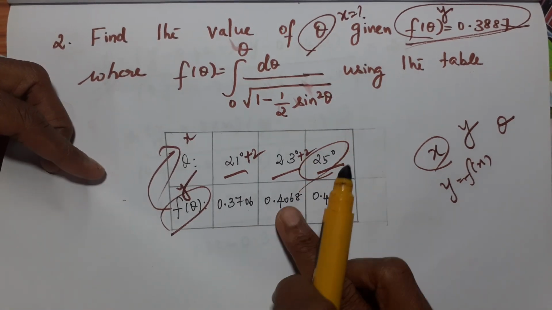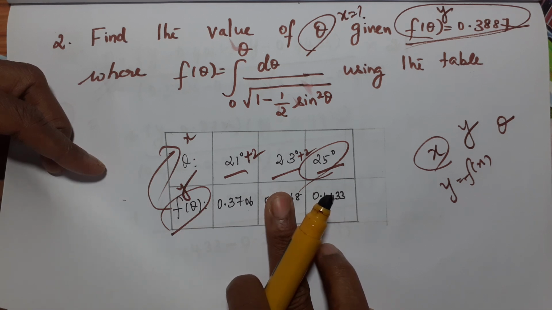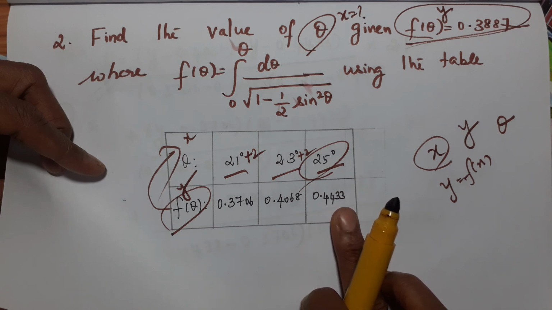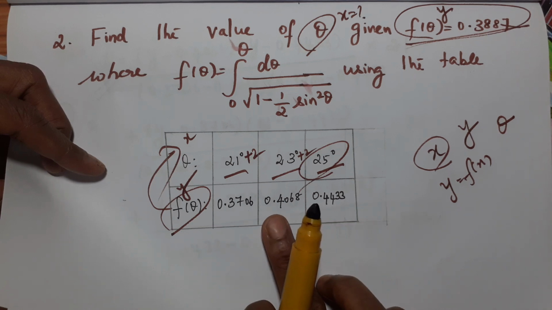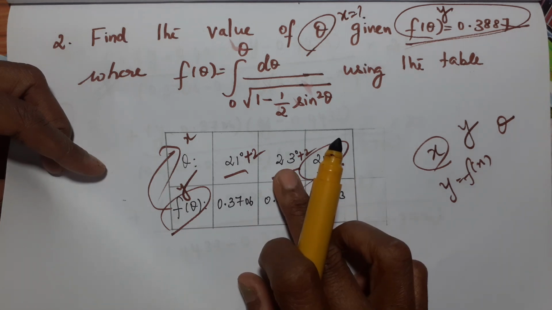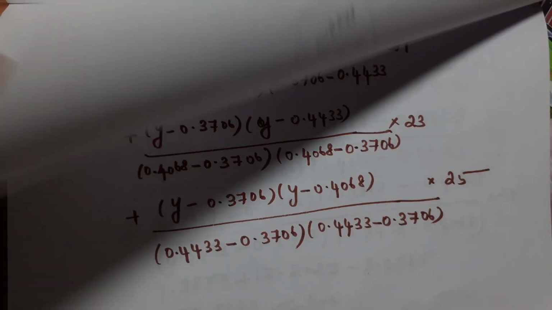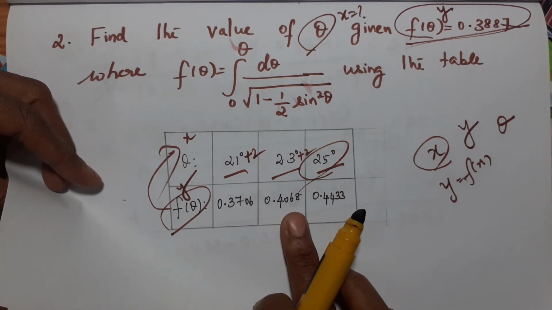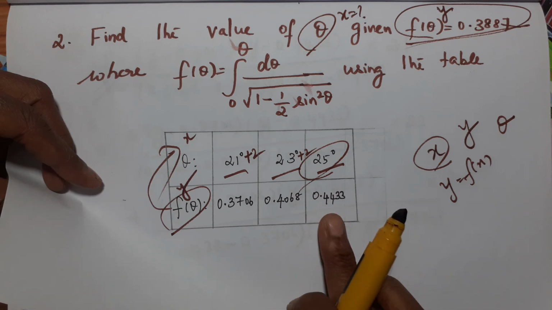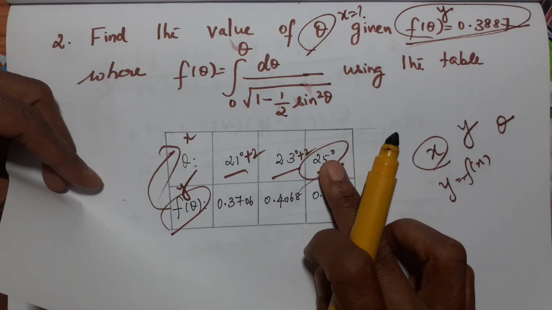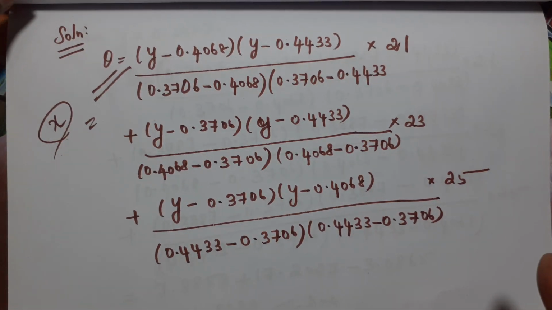Then the next one: leaving this, take the factors y minus 0.3706, y minus 0.4433 in the numerator, divided by, instead of y, 0.4068 in the denominator, into the respective x value 23. Similarly, the third term: y minus 0.3706, y minus 0.4068, divided by 0.4433 into the respective x value 25.